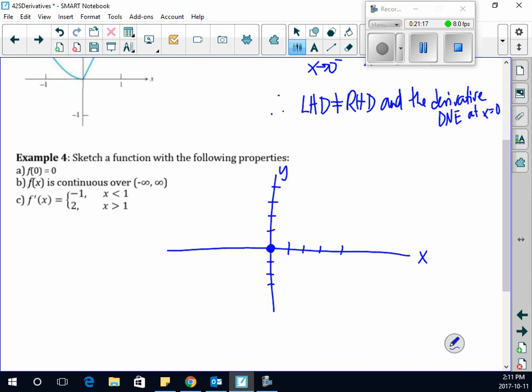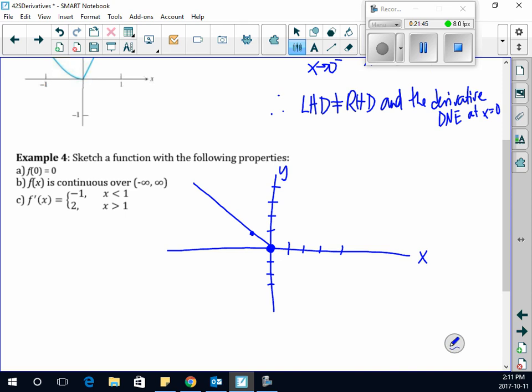If this is a point here, where is it going to be? Here? Or here? Because it has to be a slope of 1 negative, right? So it has to be a diagonal line going like this. Yes?